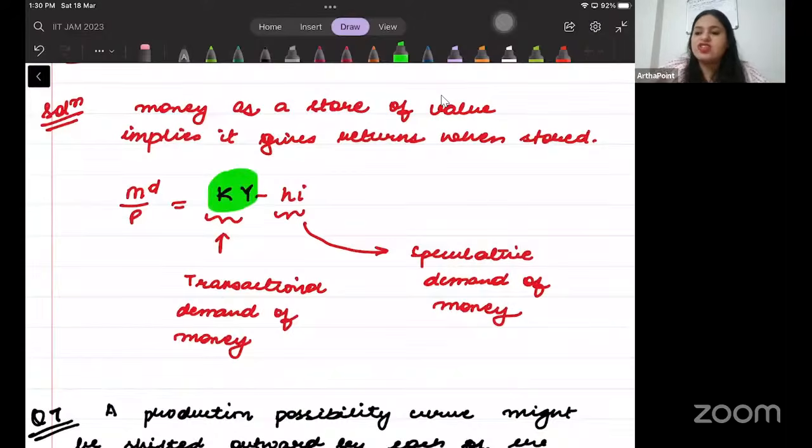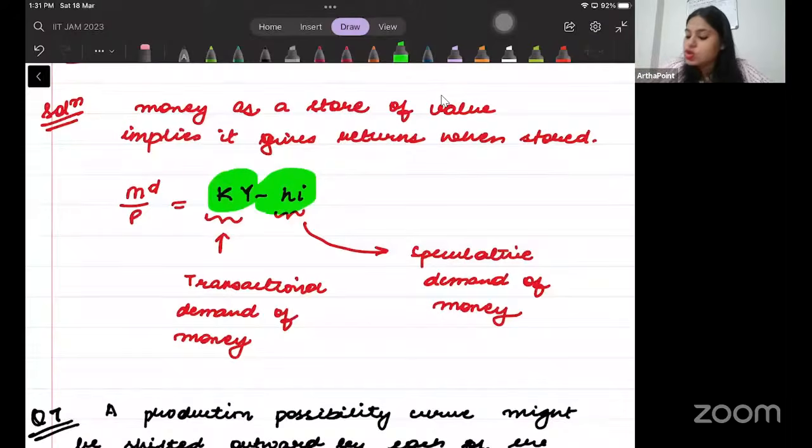That I want to buy vegetables, I want to buy fruits, I want to go ahead and spend in the mall. This is all transactional demand. But this part is my speculative demand of money. That means that I think that money also can give me some return. And because I associate money with return, I want to have some demand of money related to return.